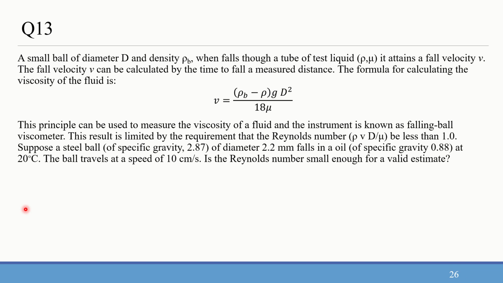This result is limited by the requirement that the Reynolds number be less than 1. Suppose a steel ball of diameter 2.2 mm falls in oil at 20 degrees Celsius whose specific gravity is 0.88, and the steel ball specific gravity is 2.87, and the ball is traveling at a speed of 10 centimeter per second. Is the Reynolds number small enough for a valid estimate? So we should calculate whether the Reynolds number is small enough.